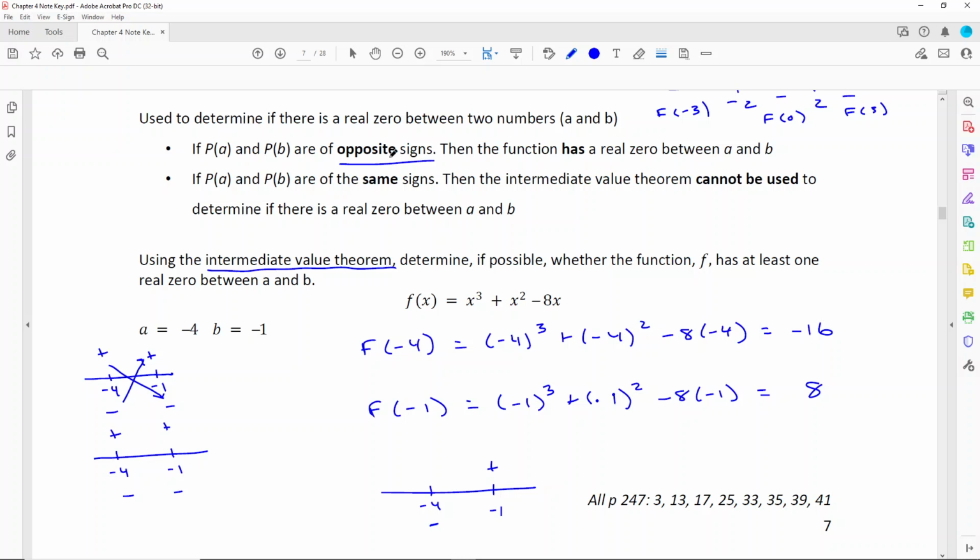Since there was a sign change, that means therefore there is at least one real 0. If it had come out that there wasn't a sign change, then you would say, I cannot determine this. There might be, there might not be. So you would just say, the intermediate value theorem cannot be used to determine. All right, good luck.